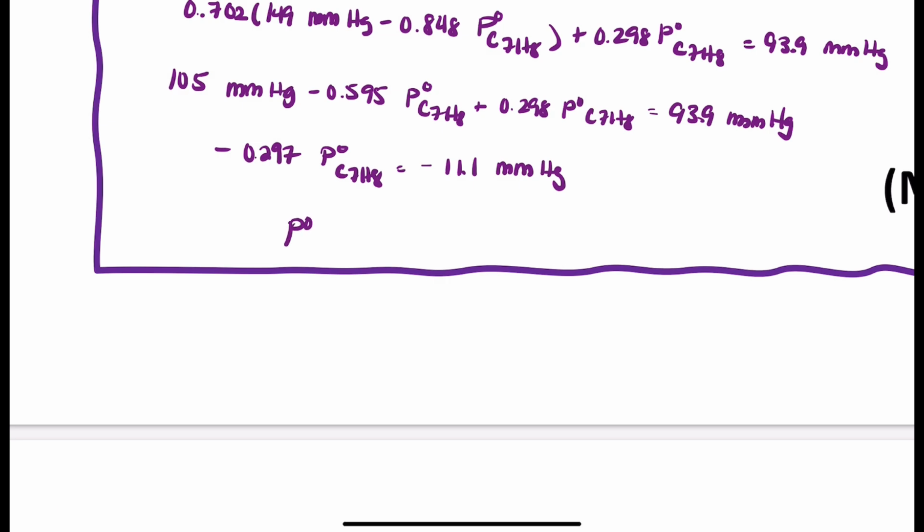I get the vapor pressure of C7H8, also known as toluene, 37.4 millimeters of mercury.